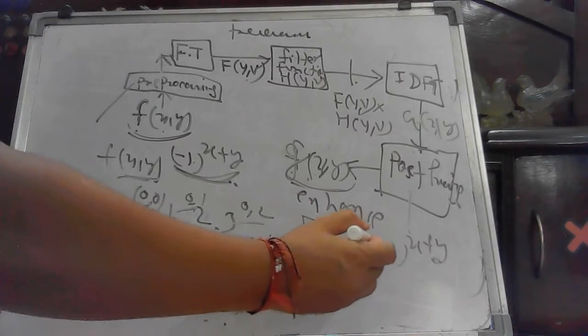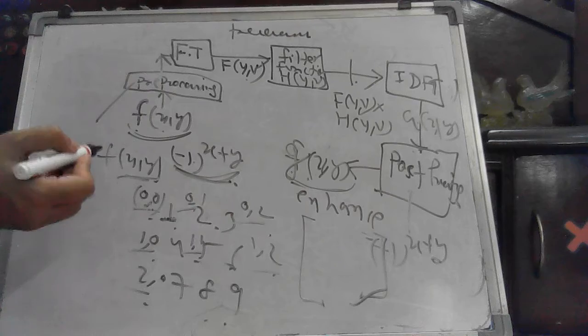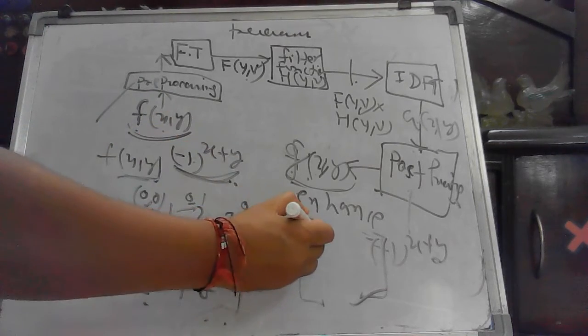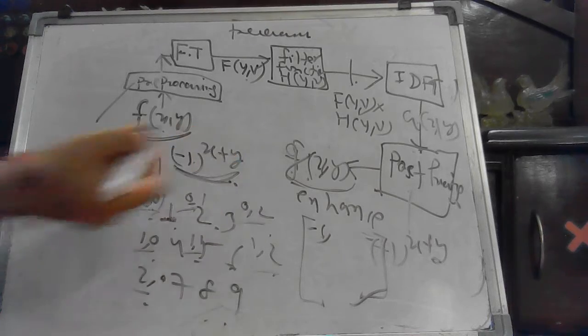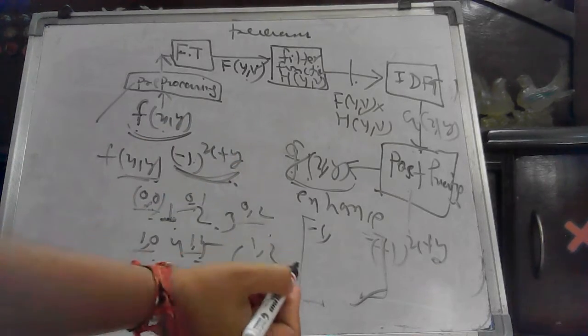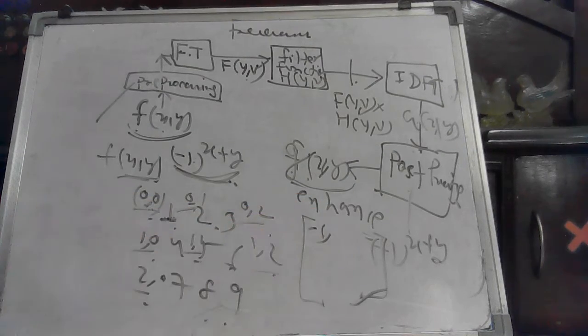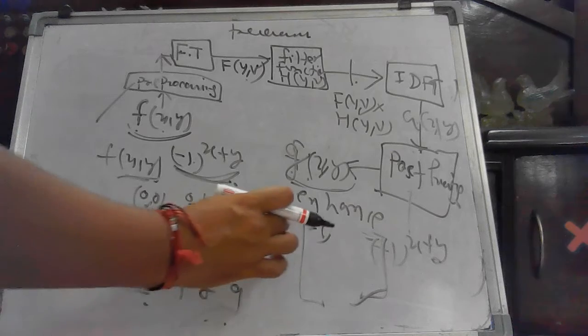Let's say a 3 by 3 matrix was there, so this will be represented like -1 to the power 0 plus 0. So even number, so simply write here 1. For this location 0 plus 1 will be odd, so -1 to the power odd gives -1. So depending on that, you write down whether it is odd or even.